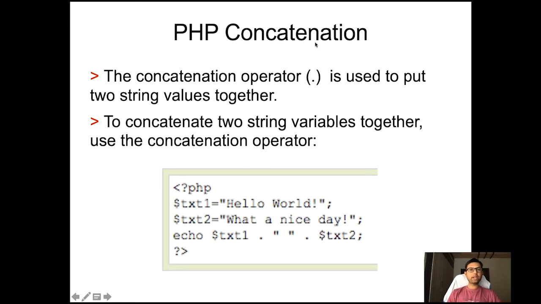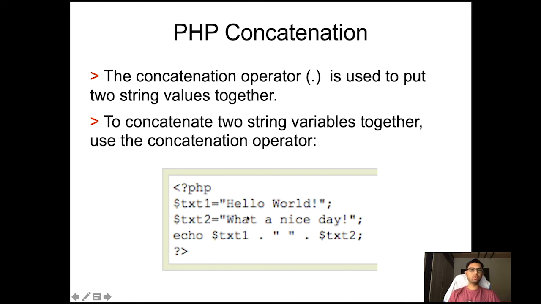Next, the concatenation rule in PHP. If you want to concatenate two strings in PHP and print them, suppose we have a variable txt1 having the value hello world and txt2 is what a nice day, then you can concatenate those strings using this syntax: $txt1, that is this variable, dot is the concatenation symbol, dot, double quotes, dot, $txt2.